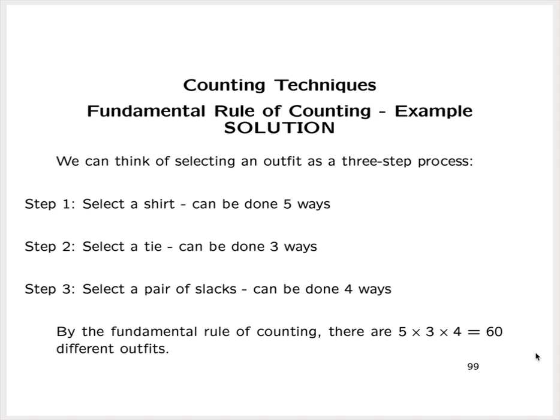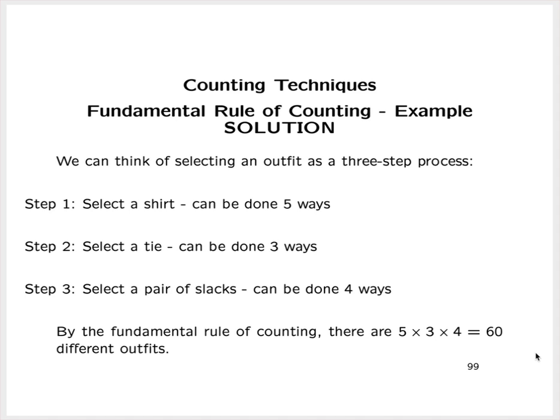The first step, we're going to select a shirt. That can be done in 5 ways because there are 5 shirts available. Step 2 is selecting a tie. There are 3 ties to choose from, so that can be done in 3 ways. And then finally, regardless of the shirt or the tie selected, step 3 is selecting a pair of slacks. Because there are 4 pairs of slacks, this can be done in 4 ways.